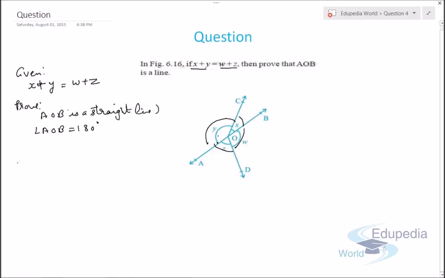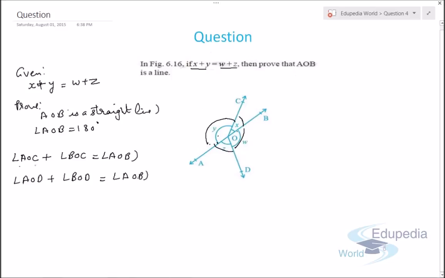If we consider angle AOC plus angle BOC, this will come out to be angle AOB, right? Now if we consider angle AOD plus angle BOD, this will come out to be again angle AOB.